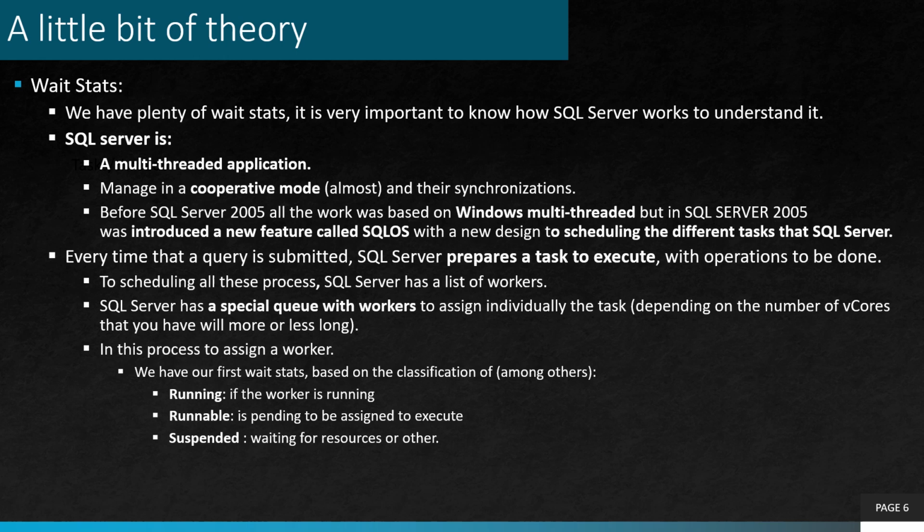So if you see that you have a huge amount of runnable processes, most probably it means that your SQL Server is not enough to manage them because they need more CPU. And also we have suspended. Suspended means that this worker is waiting for other resources, for example, obtaining the data from I/O, etc.